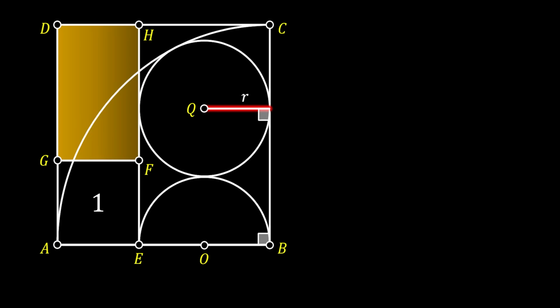Then we can pull a vertical line from Q to O. Now we can slide this radius along this line downwards, and we will again get that OB is also equal to small r, but this is also the condition of our problem. Next, since OB is equal to r, this means that OE must also have the value of small r.